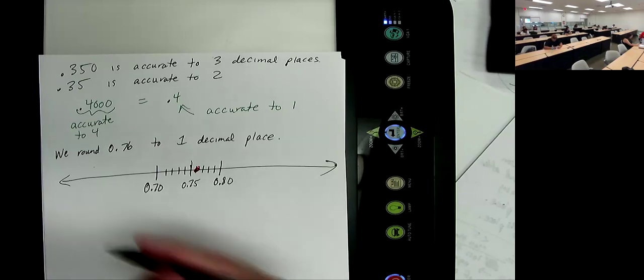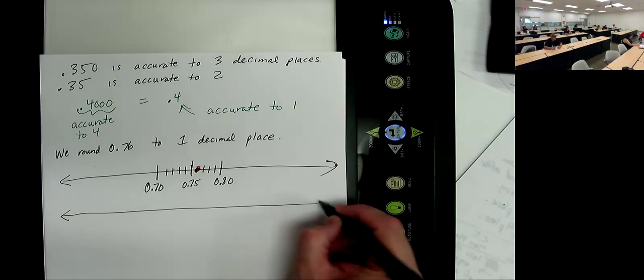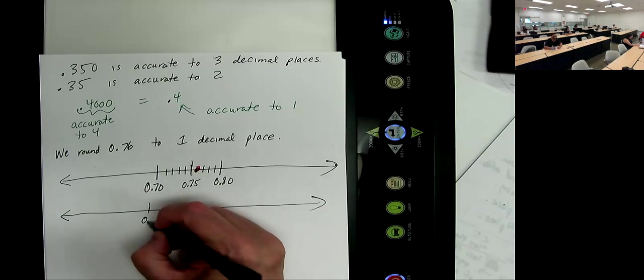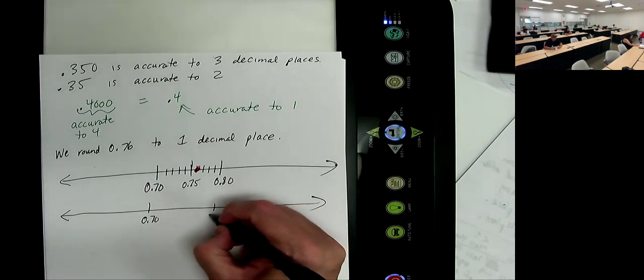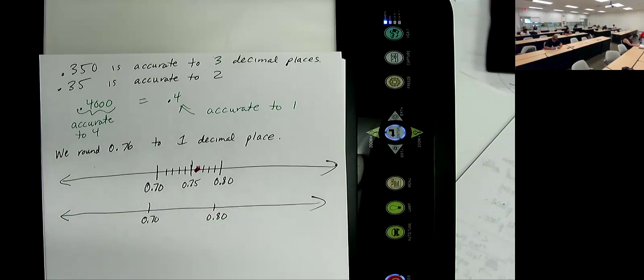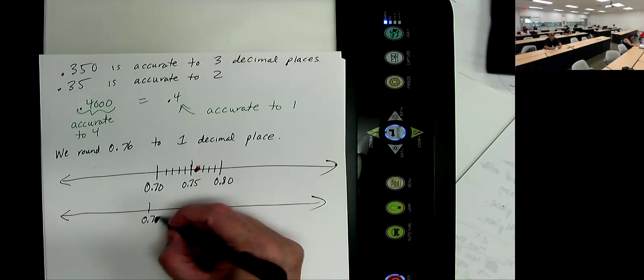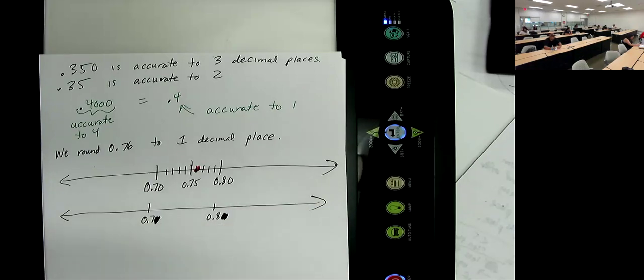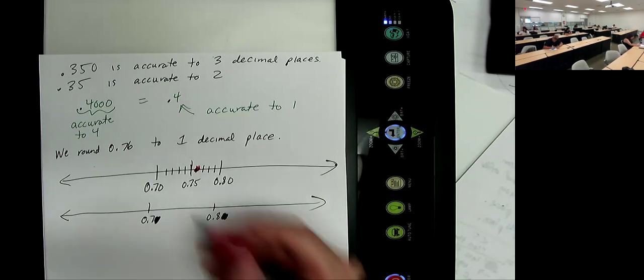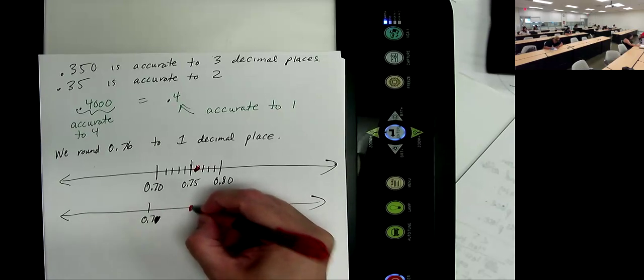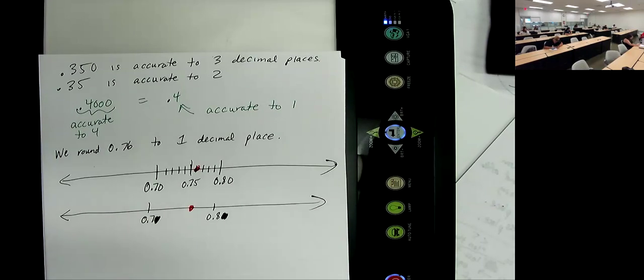But we want to look at the bar where it looks like this. It doesn't show any of the stuff in the middle. It just shows 0.7, 0.8. We want it to look like that, but we want it to end up on one of our marks. It's got to go to the closest one.